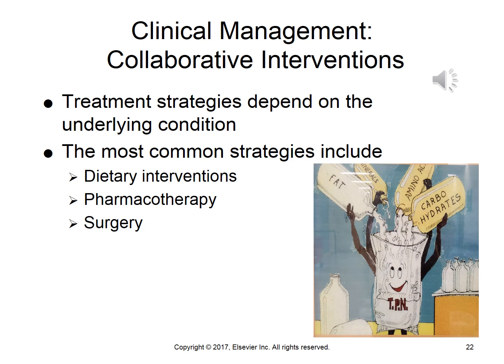Some other common strategies for collaborative interventions might be surgery. For our obese patients, for instance, we would have bariatric surgery. These patients may be at risk for micro or macronutrient deficiencies. Common procedures would include a Roux-en-Y gastric bypass or a lap band procedure.